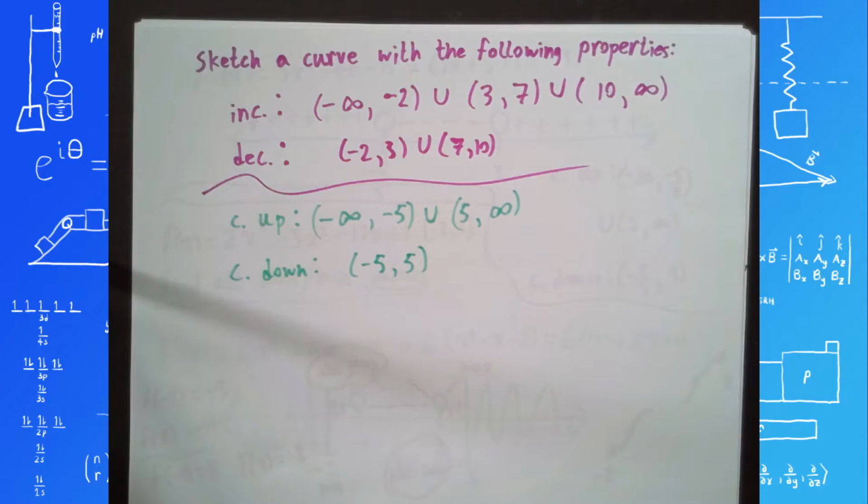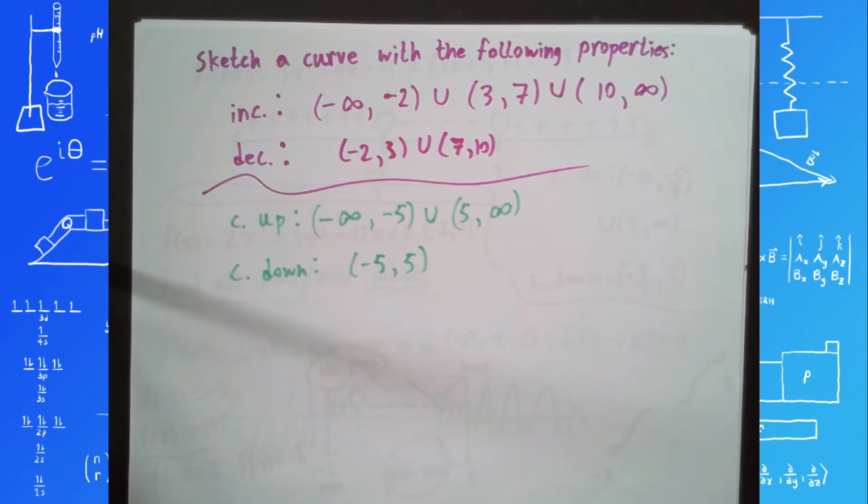So they might give you this, and they might even give you more details. They might give you the x and y intercepts. Basically, the more detail they give you, the more detail they expect to have in your sketch. But the rule of thumb is show as much as you can about the graph, show as many features as you can based on what you know about the graph. And if there's something that they don't tell you about, then that just means you're free to assume it's whatever you want it to be.